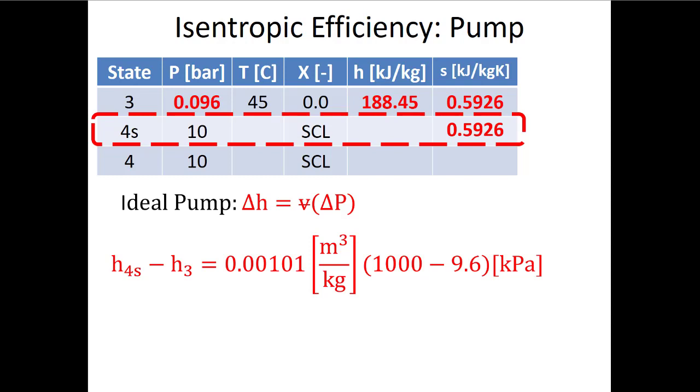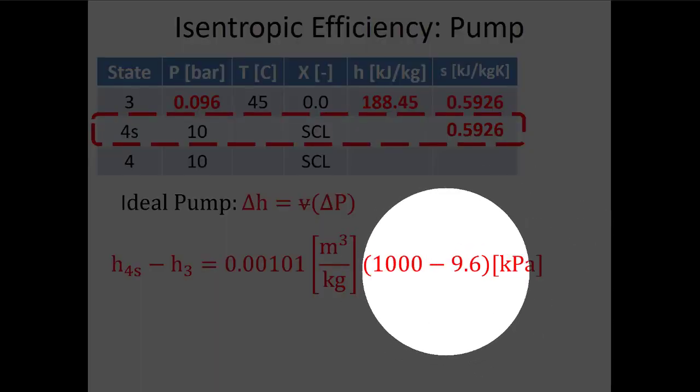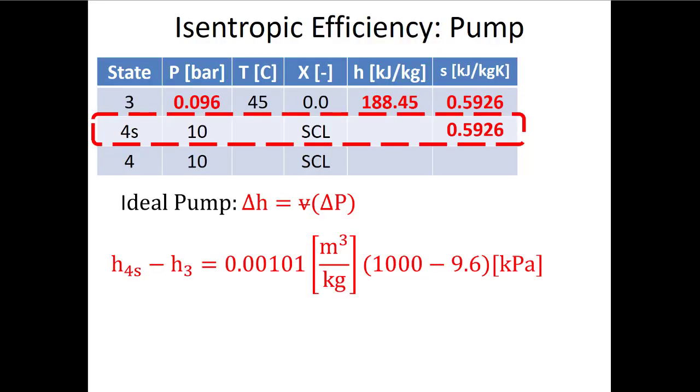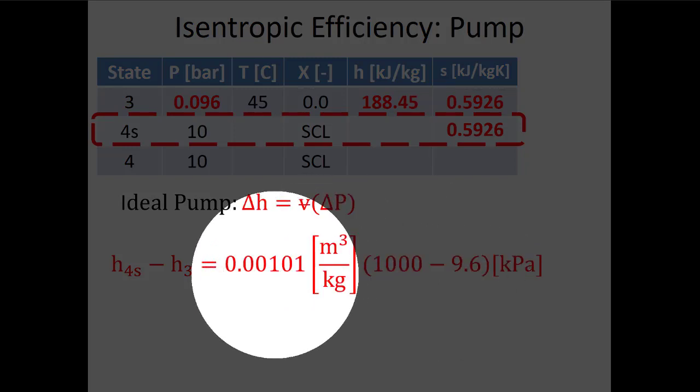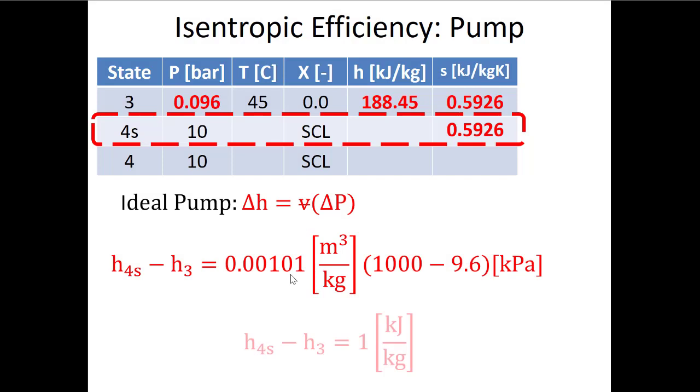So now I can do this. If people are going to mess up this equation, it's the units. So you've got to get the units right. Make sure that your pressures go to kilopascals here. So this is close to 1,000 multiplied by close to 1 over 1,000. So my answer here is close to 1 kilojoule per kilogram.